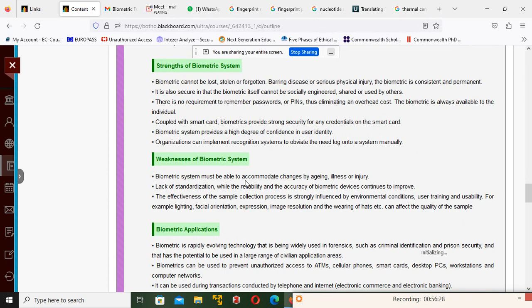So biometric features have some strengths, and then they also have some weaknesses. We all know the reasons I have explained, and I believe we can say, if we were paying attention, we all know the reasons why we will opt for a biometric system. Obviously, because of the weaknesses of passwords.